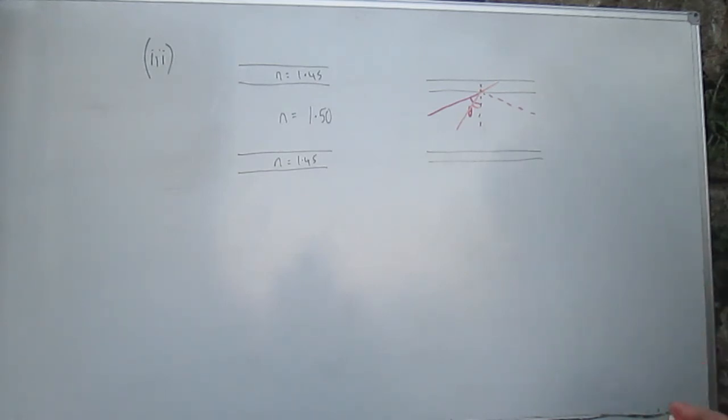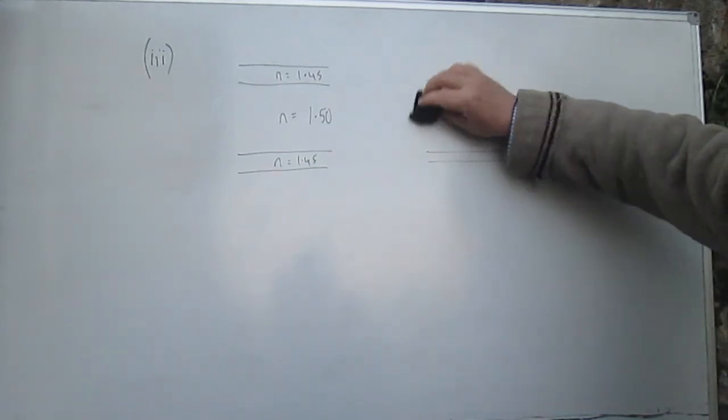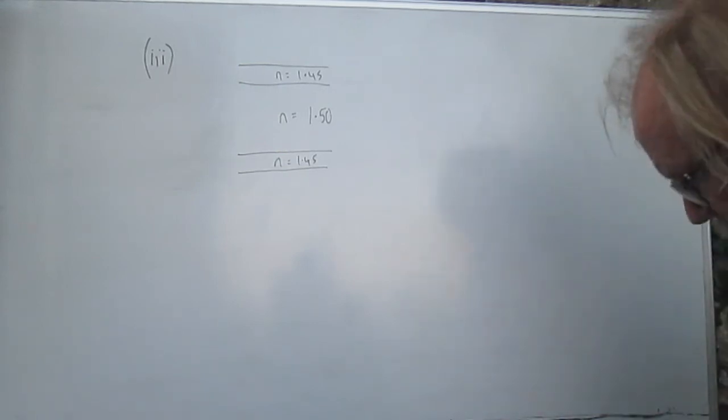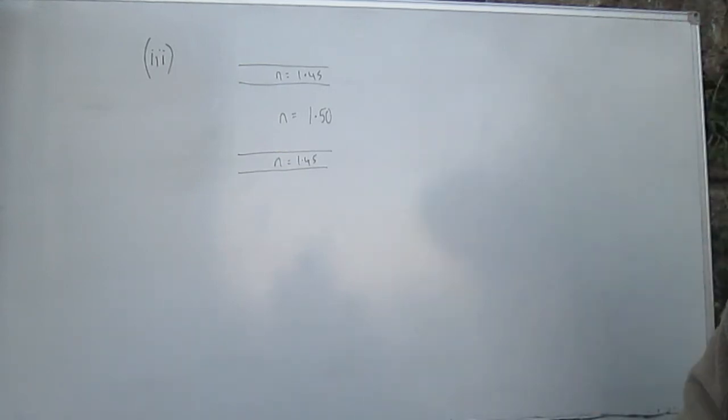So the critical angle is very important for the functioning of optical fibres. So here we've got to do the calculation, and it gives us these numbers.